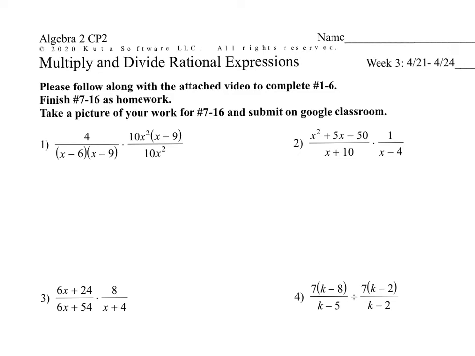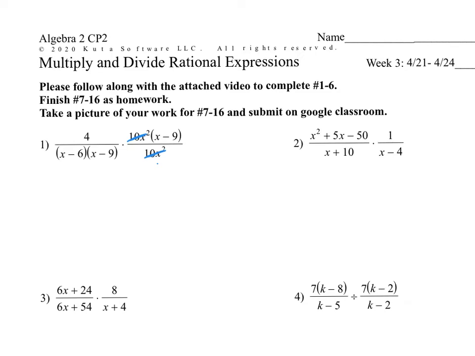In number 1, everything is factored, and we're going to look for like pieces, diagonal, or on top and bottom of each other. The first thing I see is a 10x squared and a 10x squared. One of them is on the top and one is on the bottom, so I'm able to cancel them out.